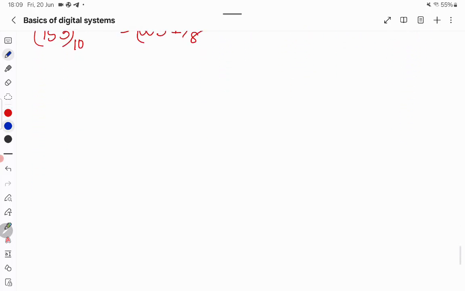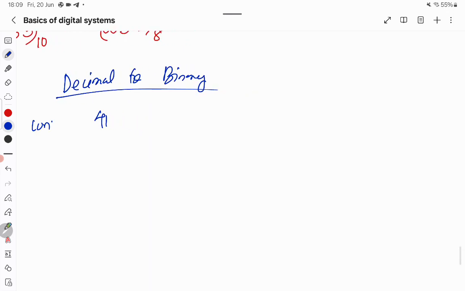Let's look at one more, from decimal to binary. Let's convert 41 to binary.